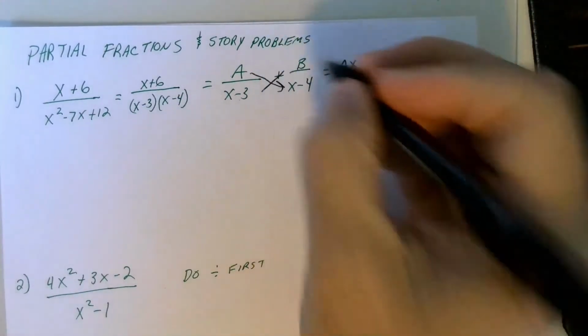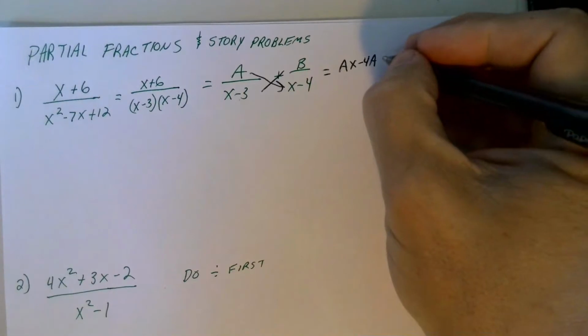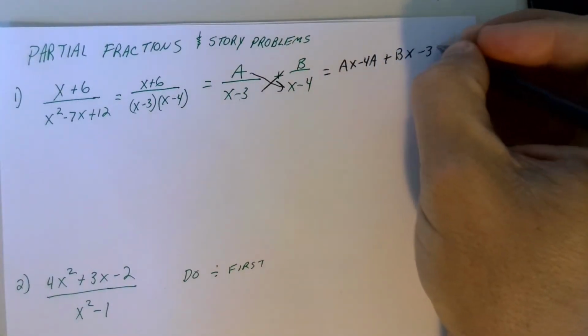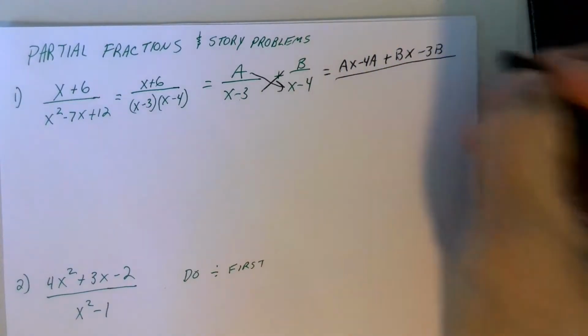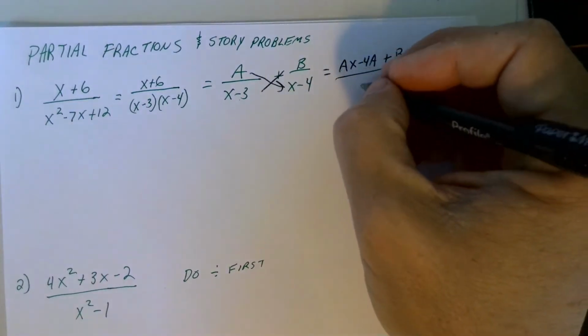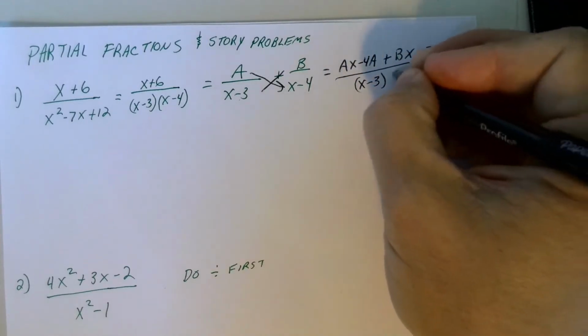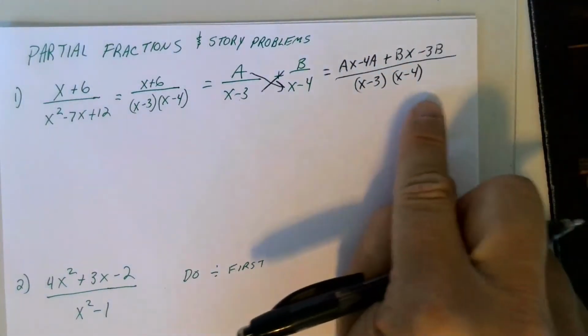And then if I do cross, I'm going to get plus bx minus 3b. And then if I do smiley face, you'll see that it's x minus 3 times x minus 4. And I'm going to leave it just like that for right now.